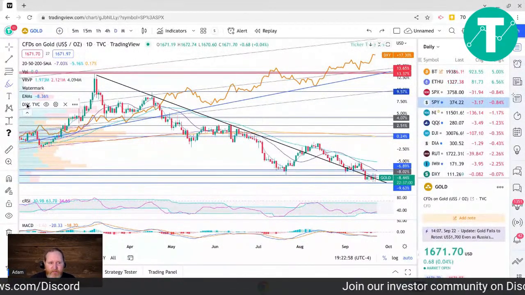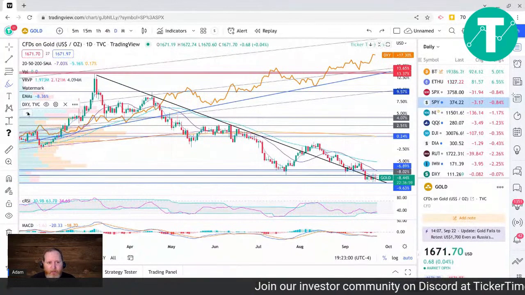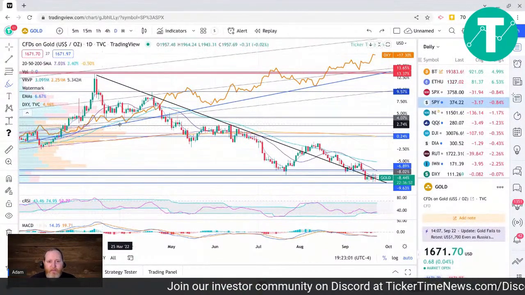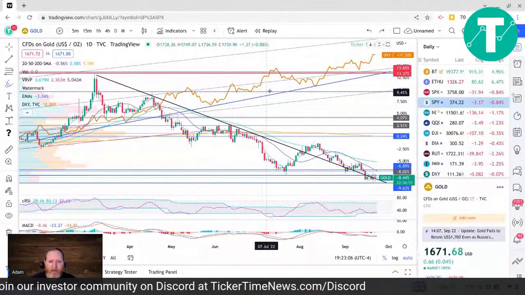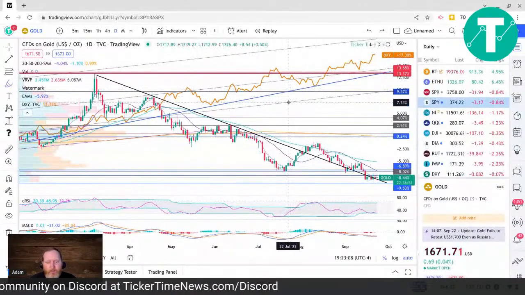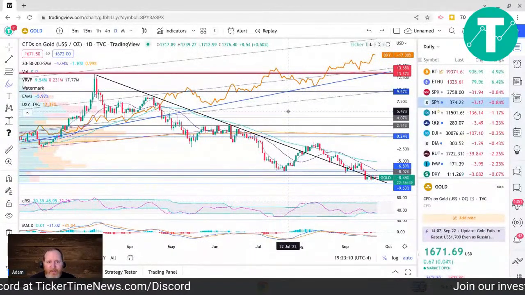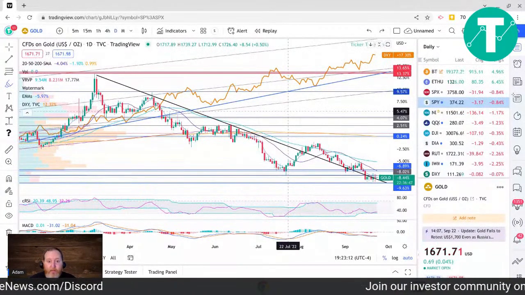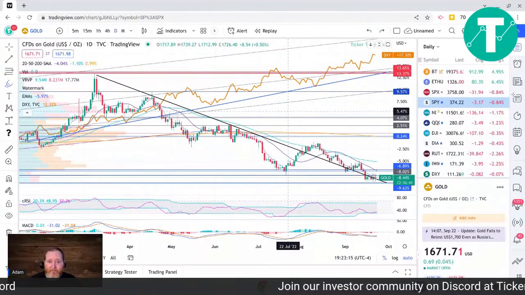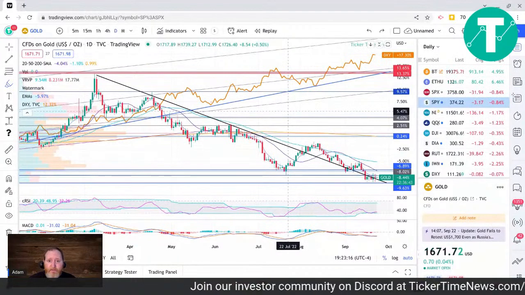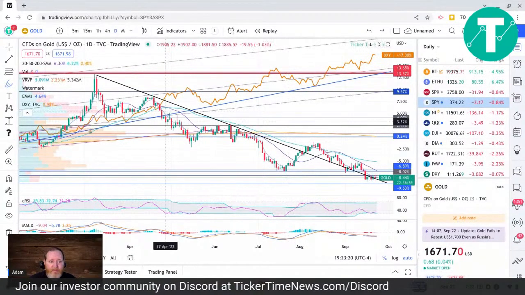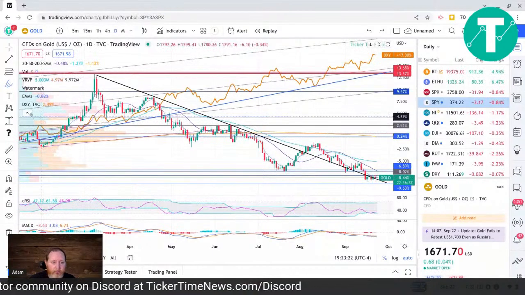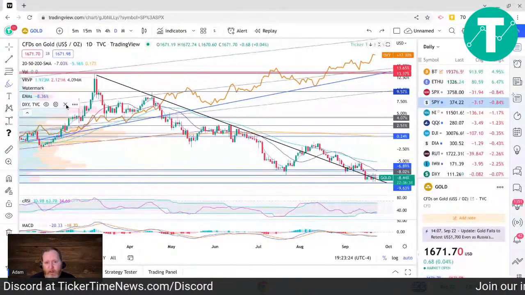That is the ticker symbol that I use for the dollar, and that's how you can get the orange squiggly line on here to help watch how the dollar is moving versus how gold is moving. It has a very inverse relationship right now, just like the S&P 500 has an inverse relationship to the US dollar. Whenever the dollar has a strong day, the S&P 500 has a weak day.